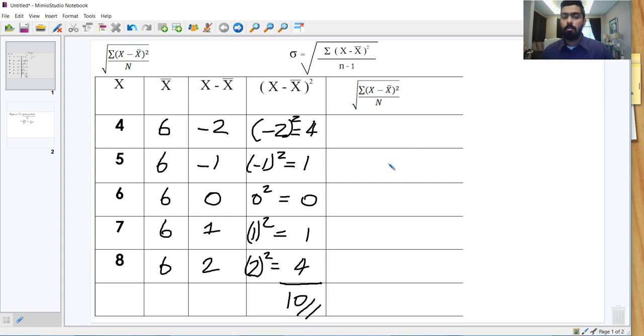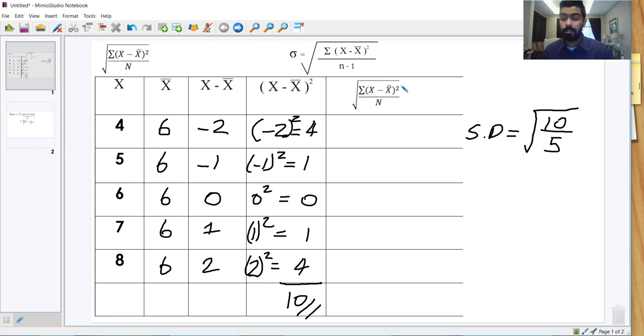Now we find the standard deviation using the formula that we have. It is the square root of the value we just found, 10, over the total number of values, which is 5: 1, 2, 3, 4, 5. This is where the sample and the population would be different.